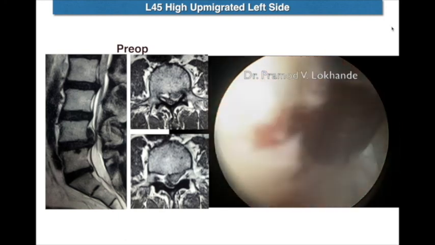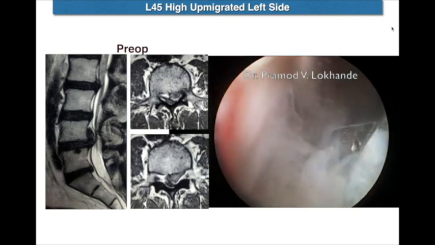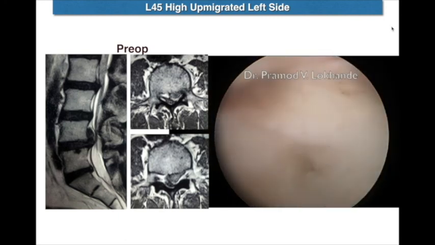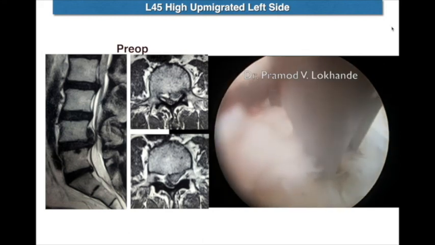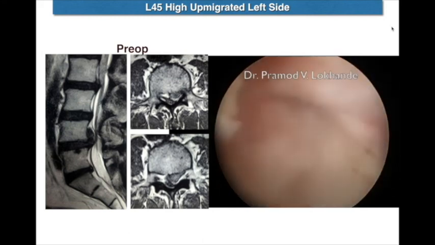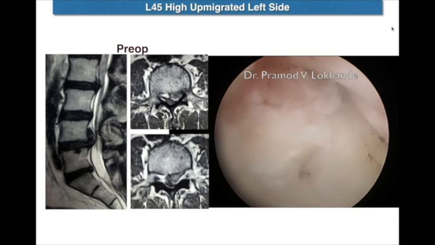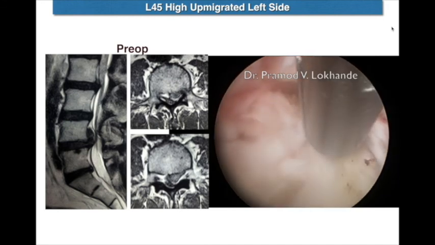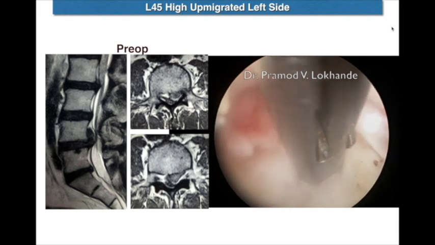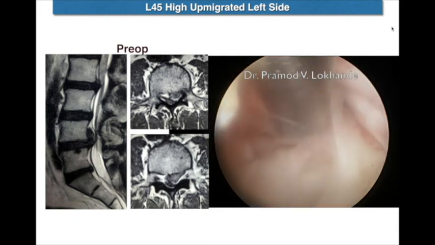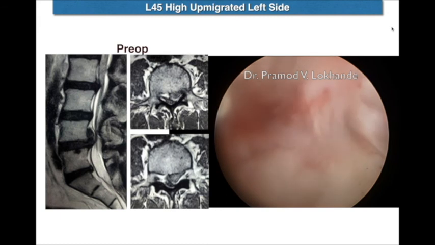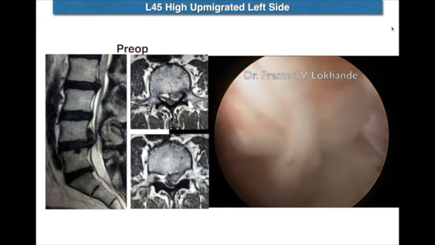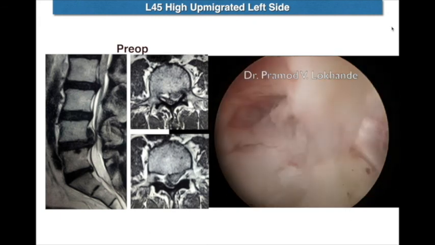This is removal of fragments which are intradiscal, cutting of the upper annulus to expose the migrated fragment, and this is removal of the migrated fragment.